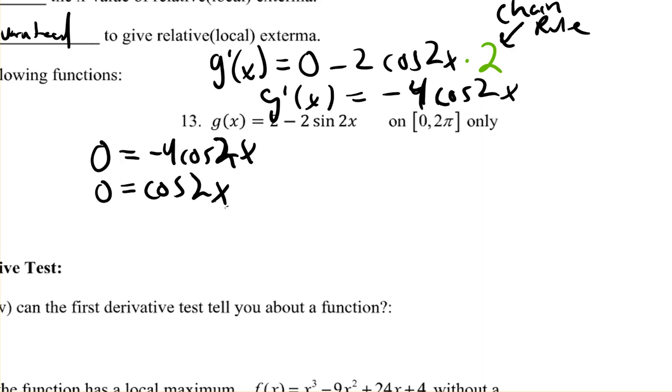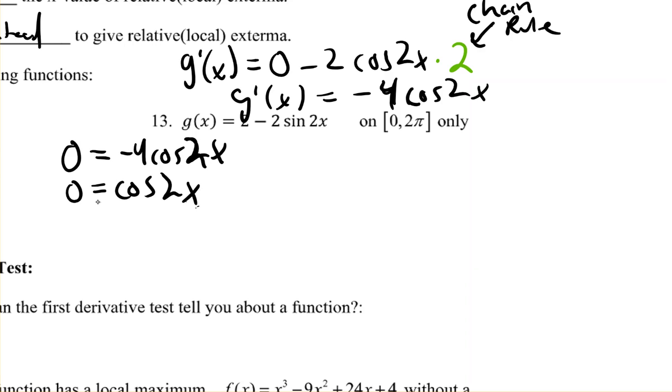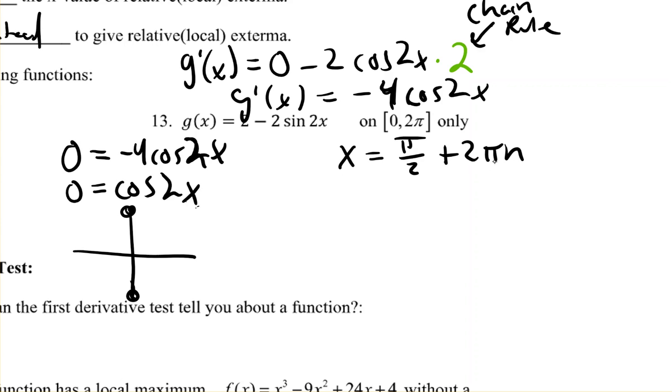But to practice doing this algebraically, how I would ask you to do this in a pre-cal class is I'd say, well, pretend for a moment that this doesn't say 2x, it just says x. So when is cosine 0 in one revolution? Well, cosine is 0 when x is pi over 2 on the unit circle, plus multiples of 2 pi.